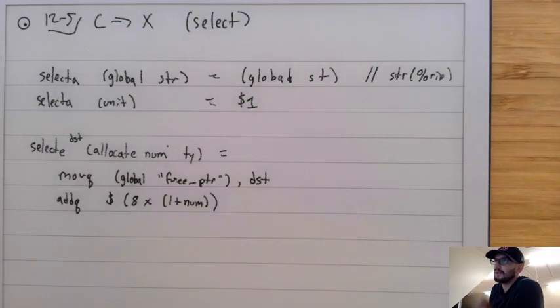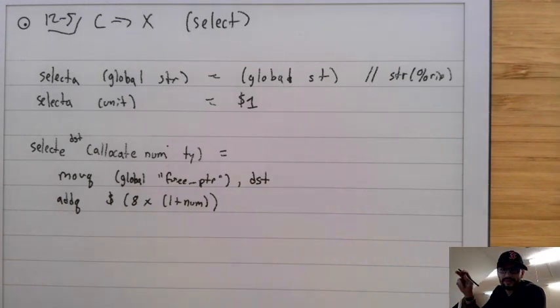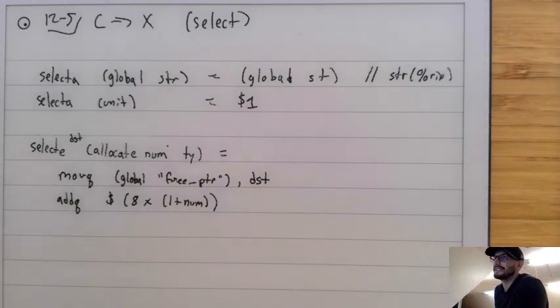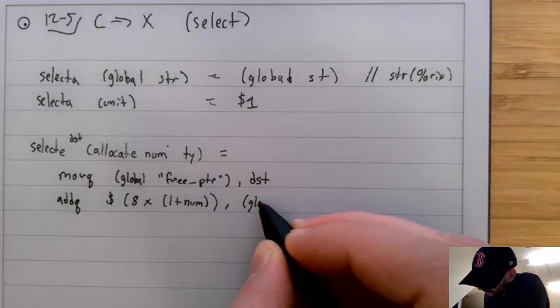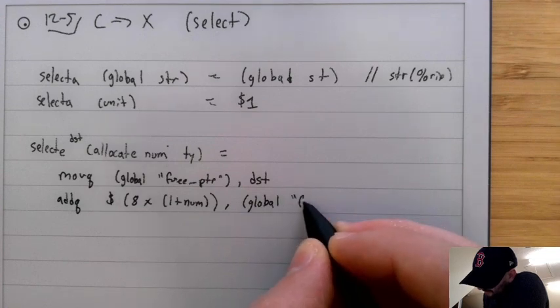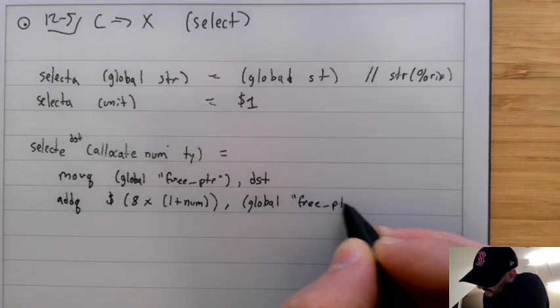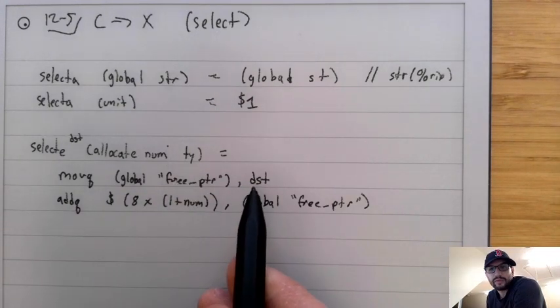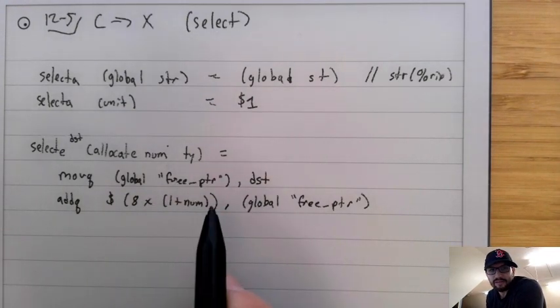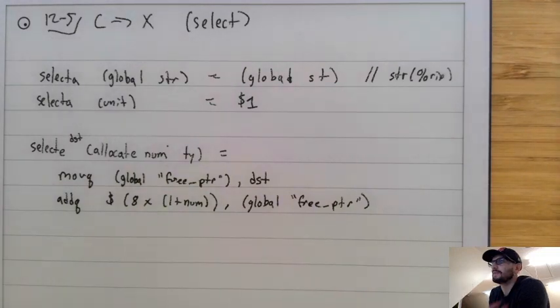A tag is going to be a pointer to the type so that we know what kind of type this thing is. Our garbage collector needs to know that so it can walk across it. So we're going to add that amount to the global free pointer. That right there is us allocating the space. Once we move the free pointer to the destination, we just claim that, and then once we increment it, now we've taken over that amount of space.